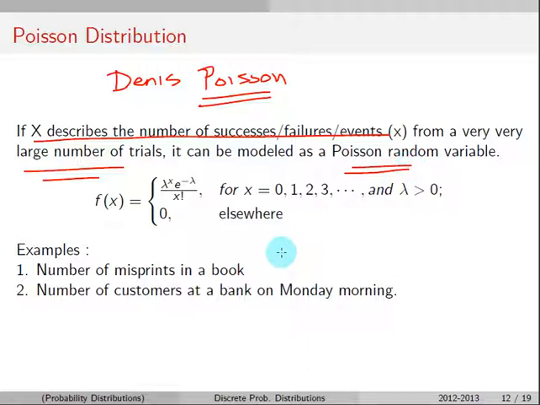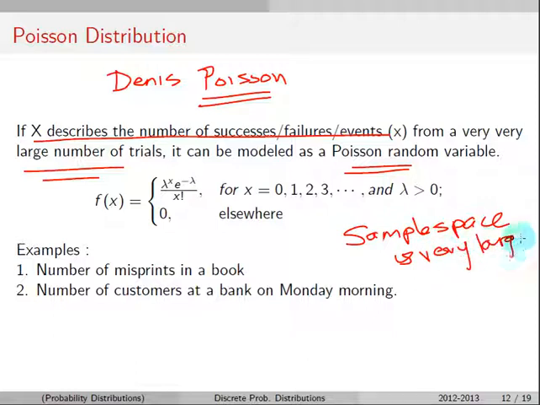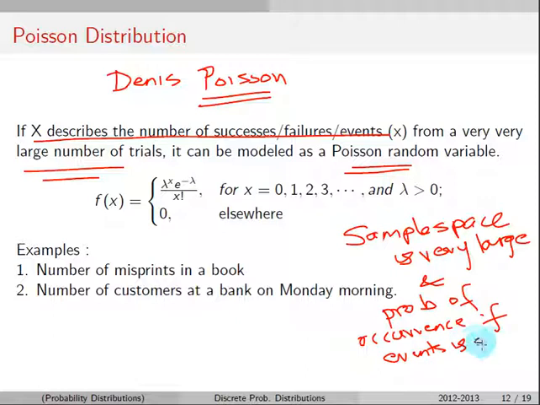So what it really means is if your sample space is very large and the probability of occurrence of events is very small, then we can model those scenarios using a Poisson random variable.